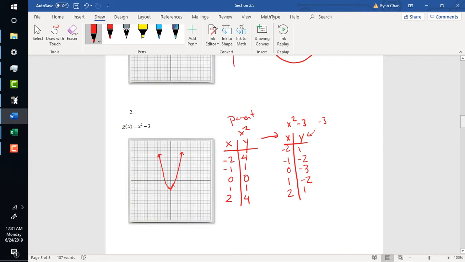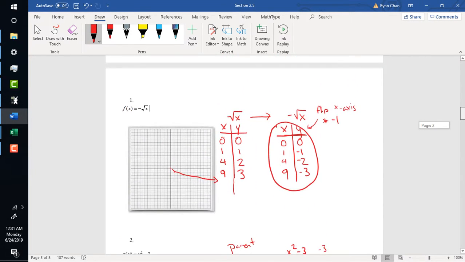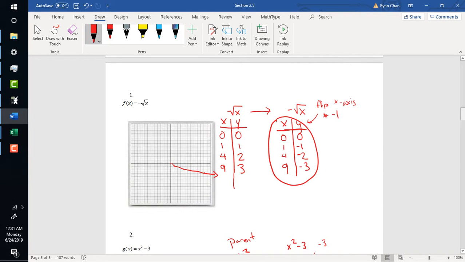Now, looking at our two examples, one thing I do want to re-emphasize, remember your transformed graphs, all they do is either move my graphs up, down, left, right, or they flip it, or they stretch it. The thing that you have to remember is that the original shape should still be the same, right? So if you remember, square root of x looks like this little curve.